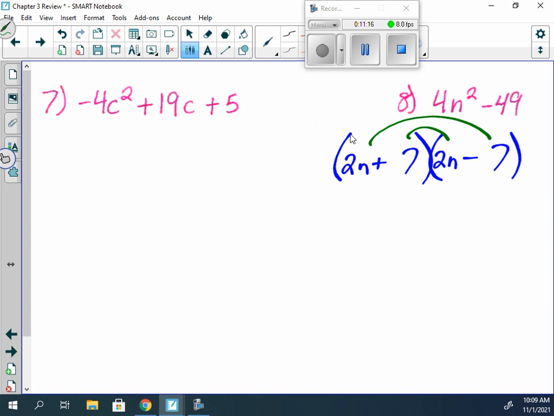And if we check it, do we have any middle term? Well, 2n times negative 7 is negative 14n, 7 times 2n is plus 14n, which is 0. We don't have a middle term. So 2n plus 7 times 2n minus 7. Questions on this here?